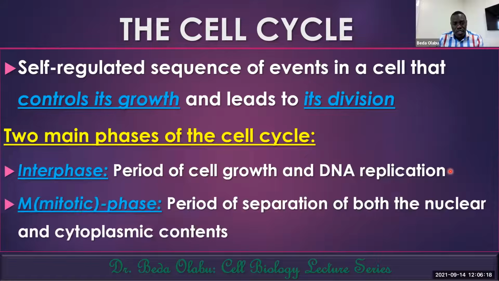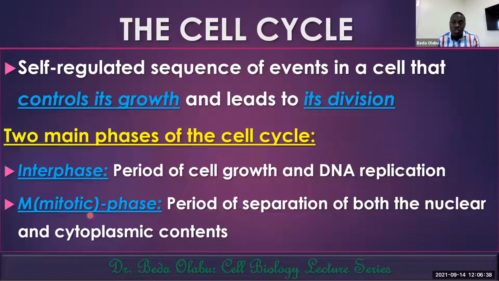And then the other phase is what we call the M phase. The letter M stands for mitotic phase, which is the period of actual division. During mitosis, the cell separates.